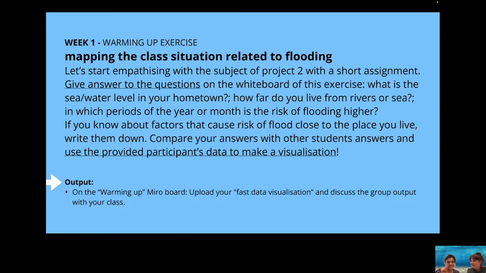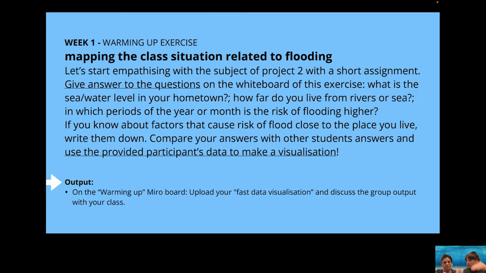Before we start, we want you to do a warm-up exercise. It's about empathizing with the subject, the rising of the sea levels. Ask questions to yourself and your surroundings: how far do you live from the rivers or the sea?